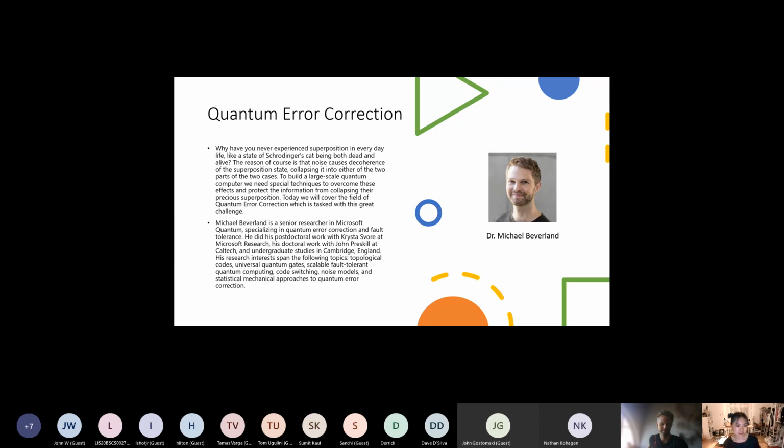In our everyday life, we don't see things like Schrodinger's cat in both dead and alive. So how is this affecting our observation due to decoherence? And how are superposition states being collapsed into any substates? So today's topic will be around that, and I'm very looking forward to Michael's lecture.